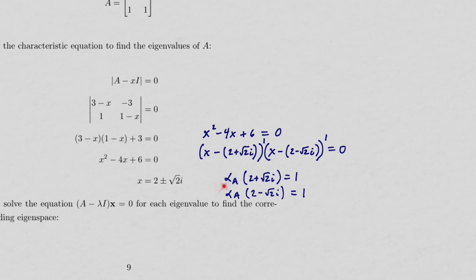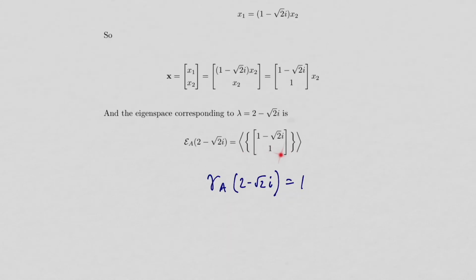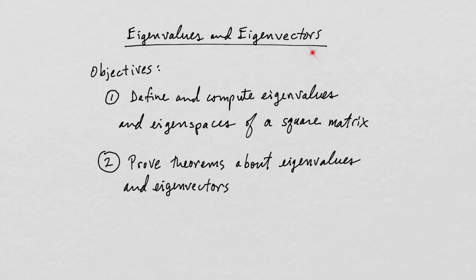So we can see the algebraic multiplicity of 2 plus root 2i is equal to 1, as is the algebraic multiplicity of 2 minus root 2i. From the eigenspace of A for 2 plus root 2i, we can see there's a single vector in the basis, therefore the geometric multiplicity is 1. And similarly, this eigenspace has dimension 1, and so the geometric multiplicity of 2 minus root 2i is also equal to 1.